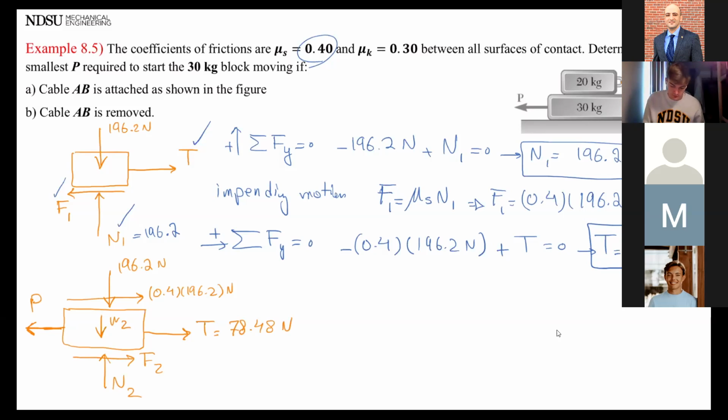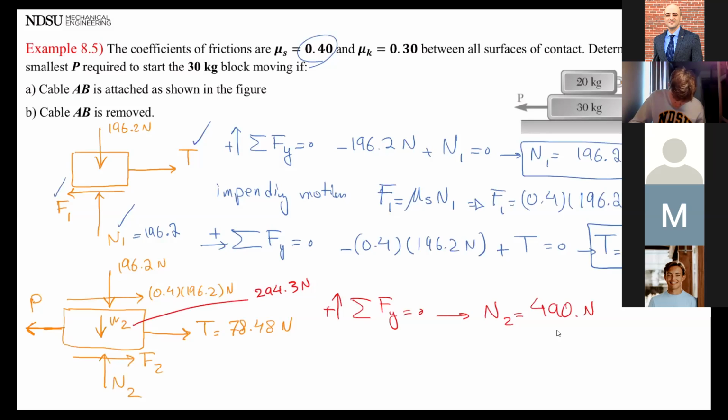So same thing. If I just write the equations of equilibrium, I think W2 was 294.3. Summation of forces in Y being 0 gives you N2 of 490.5. Impending motion, so your F2 is going to be 0.4 N2.